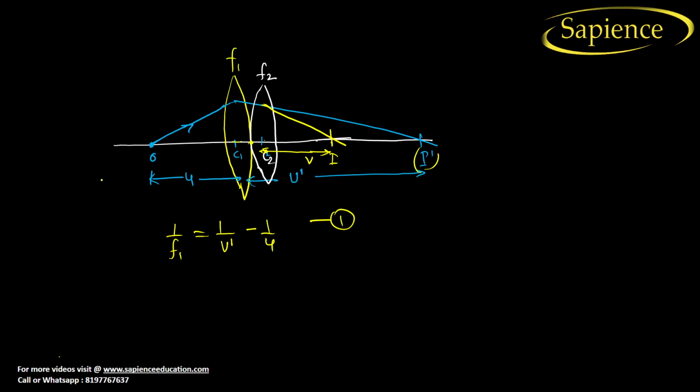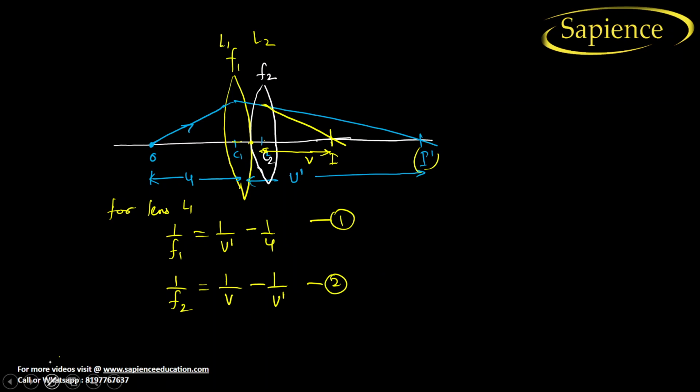Now for lens 2, so earlier for lens 1, this is lens L1, this is lens L2. For lens L1, 1 by f1 is equal to 1 by v dash minus 1 by u. Now 1 by f2 is equal to 1 by image distance v minus 1 by object distance. The object will act as I dash, so definitely object distance will be v dash, right? So this is equation number 2.